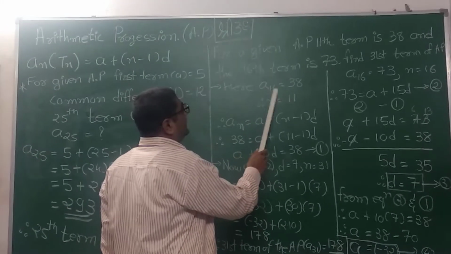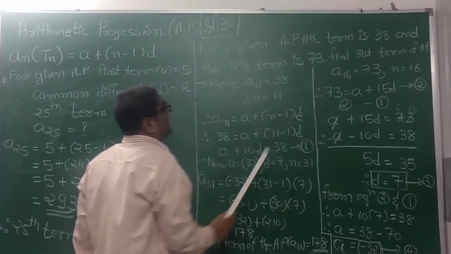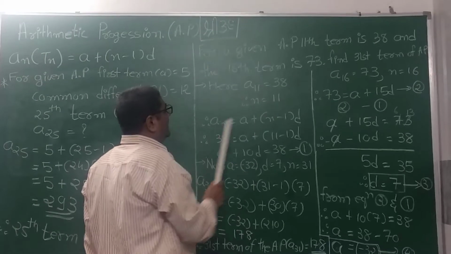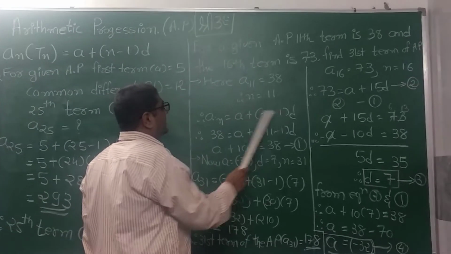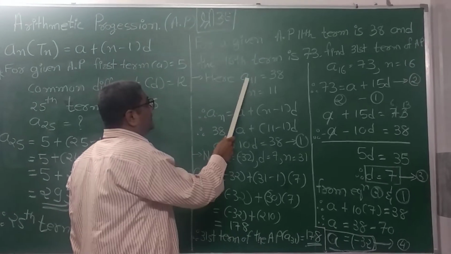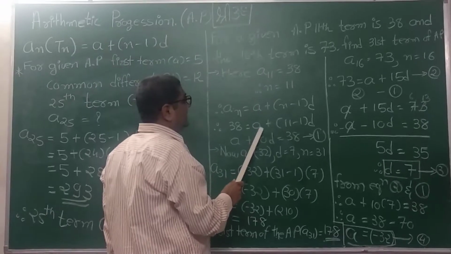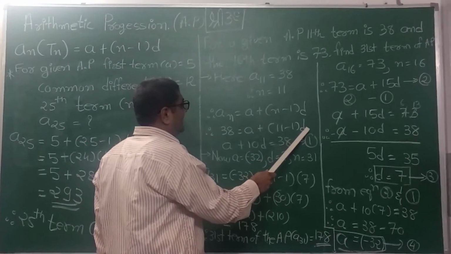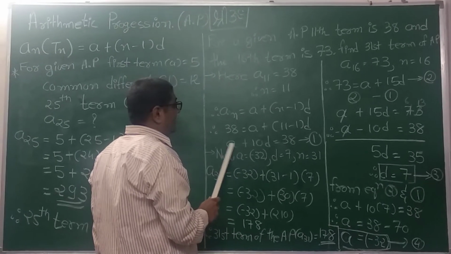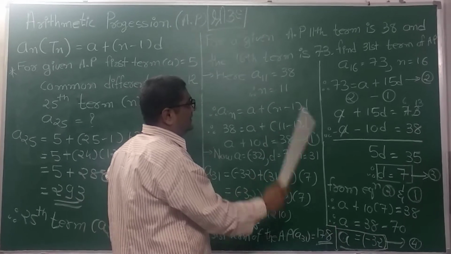Now A11 is equal to 38, from the statement. So n is equal to 11, the formula is an is equal to a plus n minus 1 into d. So an is A11, that is 38, plus a remaining as it is, n is 11 minus 1 into d. That becomes a plus 10d is equal to 38, equation number 1.